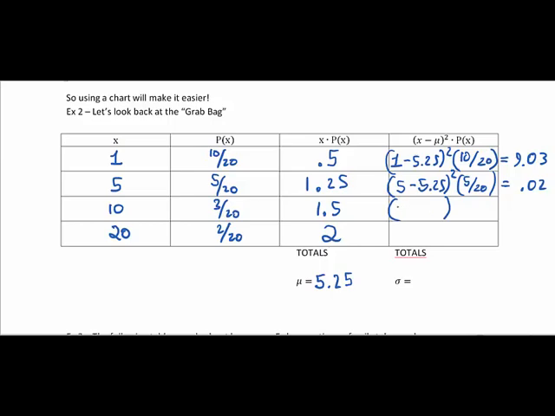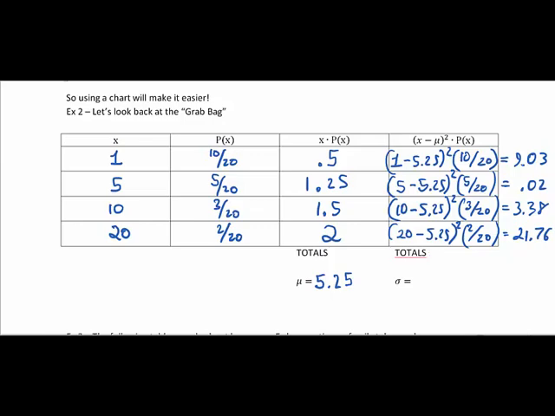Okay, for our next problem, we're going to go 10 minus 5.25, square that, and then we're going to multiply this by 3/20. This gives us 3.38. And finally, this one, it's pretty big because 20 minus 5.25 is a pretty big difference. We square that but multiply by a very small number. This will give us 21.76.